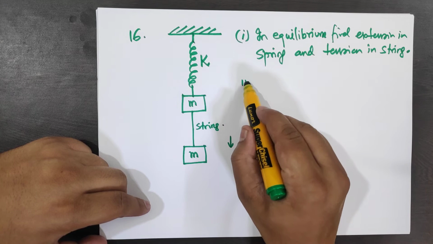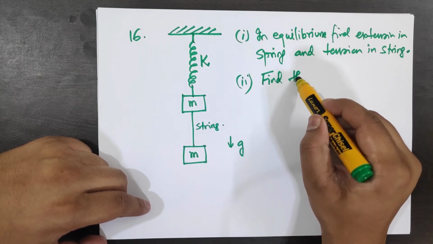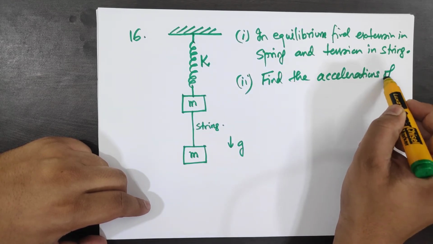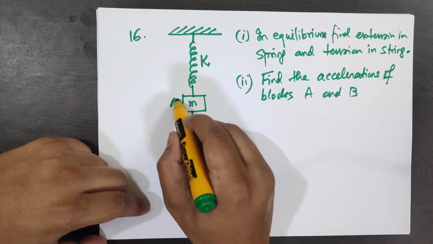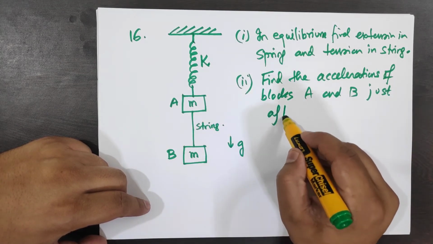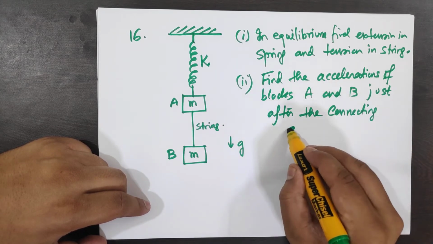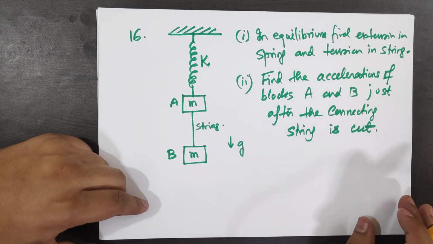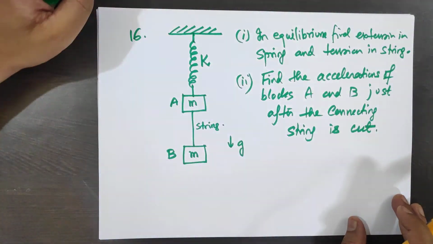Now there is a second part of the question which says find the accelerations of blocks A and B. I'll give the names A and B to the blocks, just after the connecting string is cut.